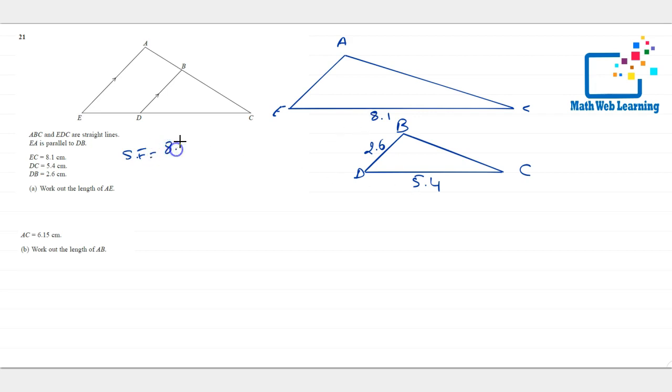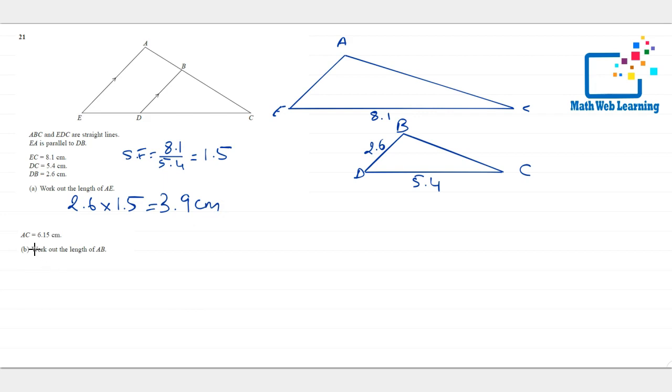In this case, 8.1 divided by 5.4, and that gives you 1.5. So therefore, to work out A to E, we need to multiply because we're going from small to large. These two are corresponding. So we do 2.6 times 1.5, and that will give you 3.9, and the unit is centimeters.